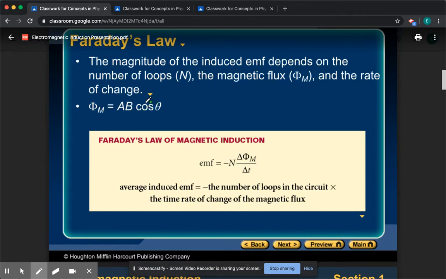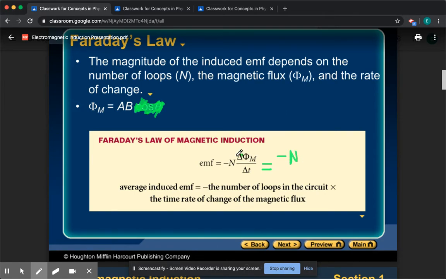So for our purposes, you are not going to need the cosine piece of it because the angle is always going to be 0. And cosine of 0 is just 1. So for our purposes, you can ignore the cosine piece.